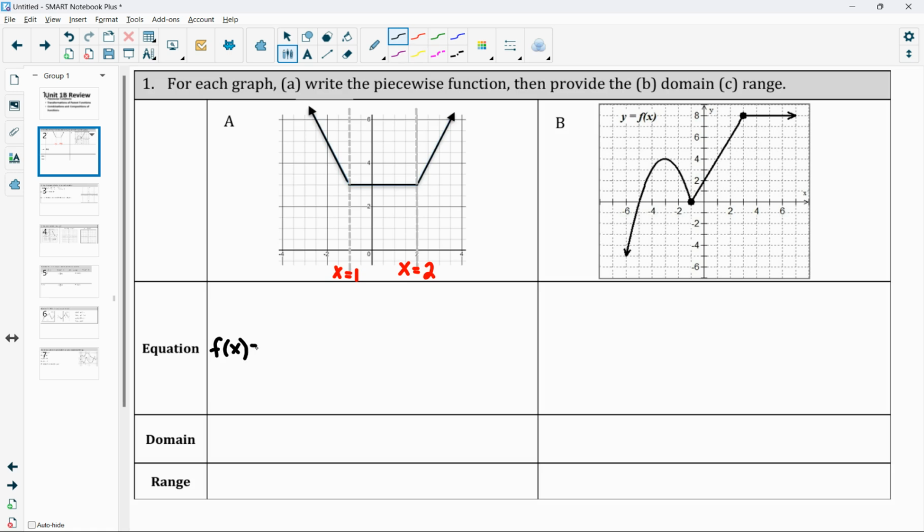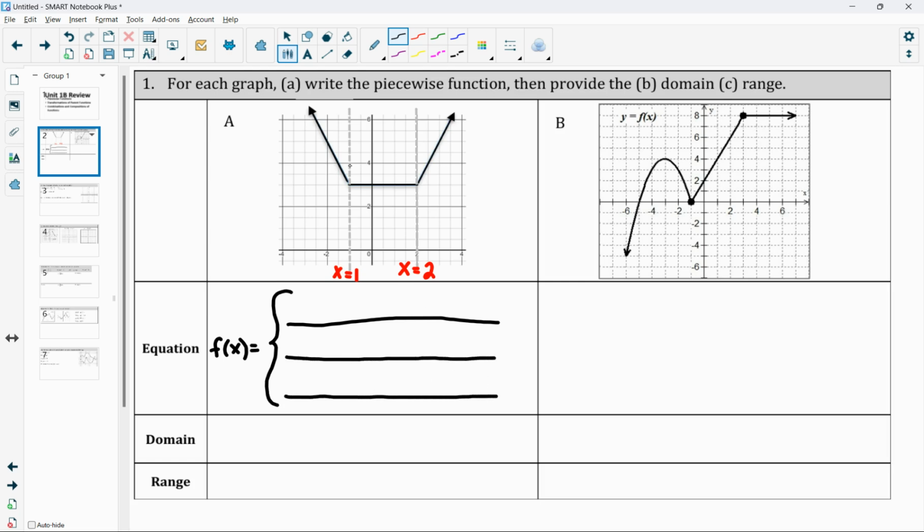And then we can see that there are three different pieces to this function. So we have the chunk on the left, the middle, and the right-hand side. And so I like to start by writing the domain, and maybe I'll just write out some blanks here so we can see the three different pieces coming into place. So if I'm writing the domain of this portion on the left-hand side, now I'm going to do this as an open circle.